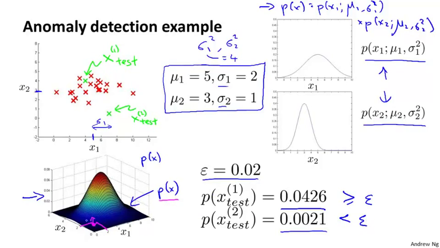What this is really saying is that if you look at this 3D surface plot, all the values of x1 and x2 that have a high height above the surface correspond to a non-anomalous, okay, or normal example, whereas all the points far out here have very low probability, and so we're going to flag those points as anomalous.